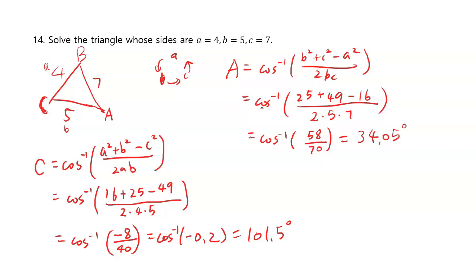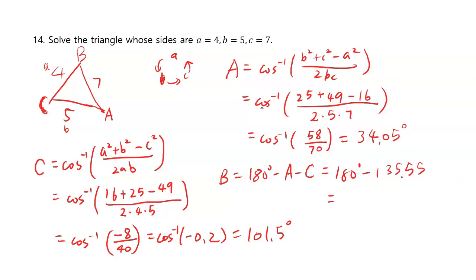34.05 degrees, okay? And therefore B is going to be 180 degrees minus A minus C, and the sum of these two is 180 degrees minus 135.55. So what's that?